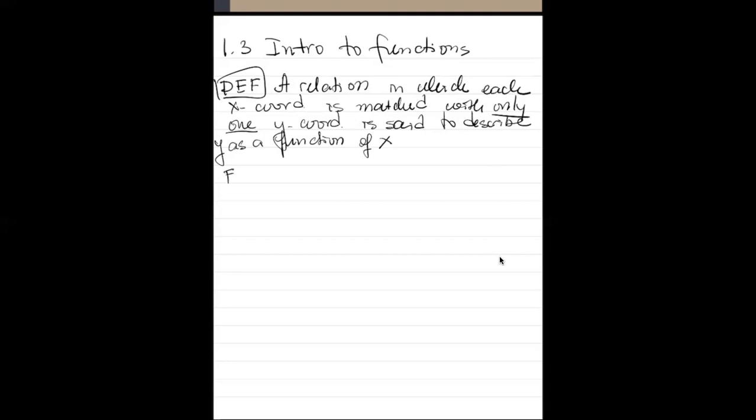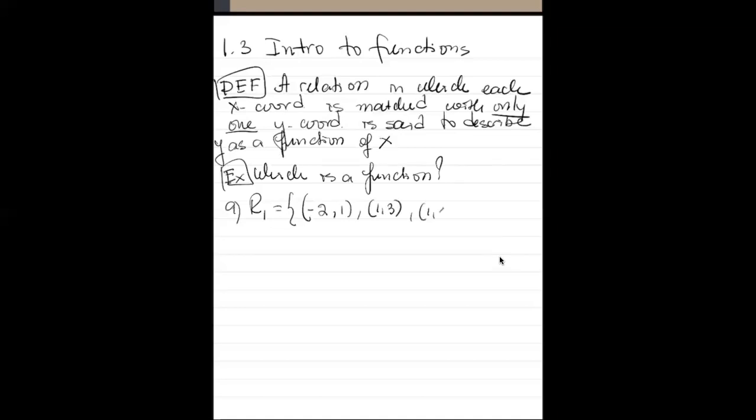So example, which of the following relations describe y as a function of x? Which is a function? A, the first relation, R1, has elements (-2, 1), (1, 3), (1, 4), and (3, -1).